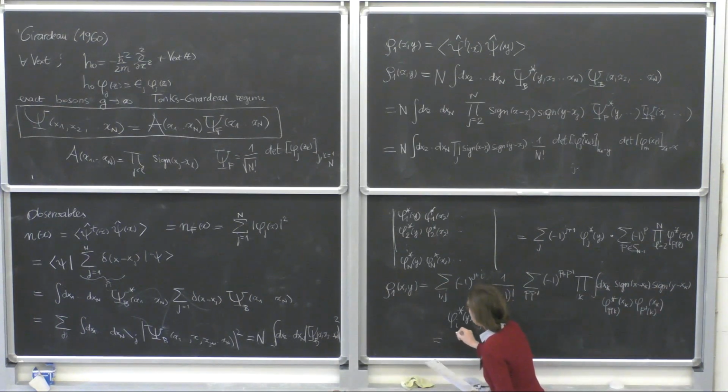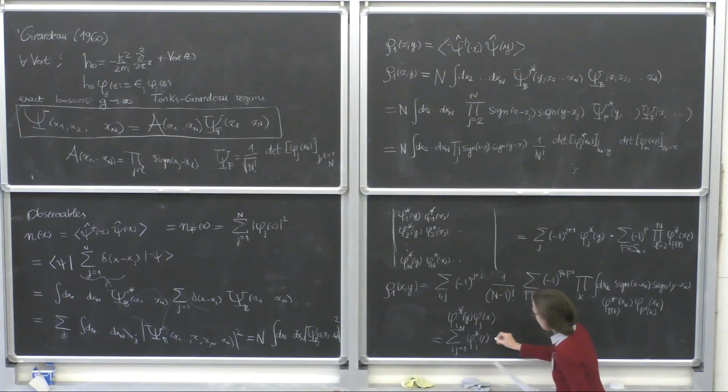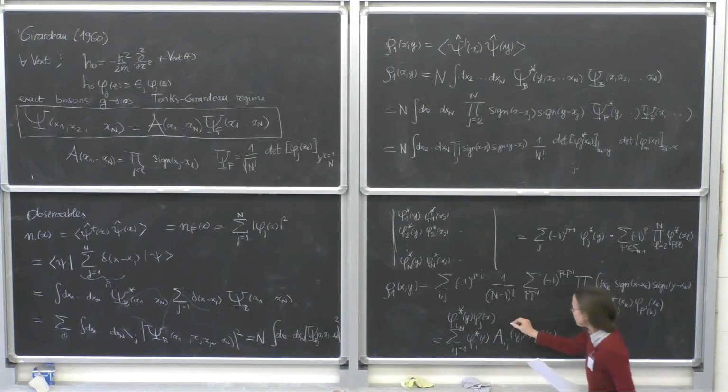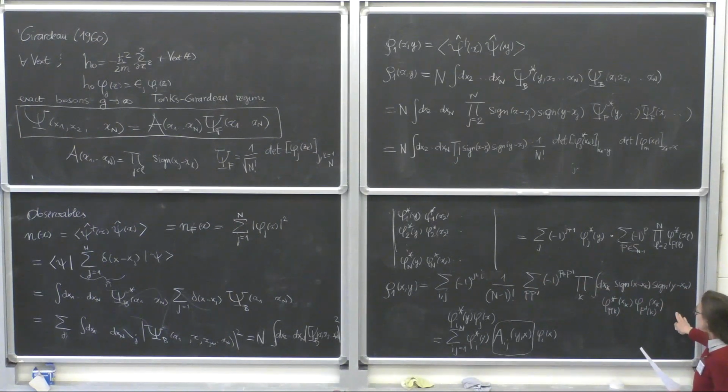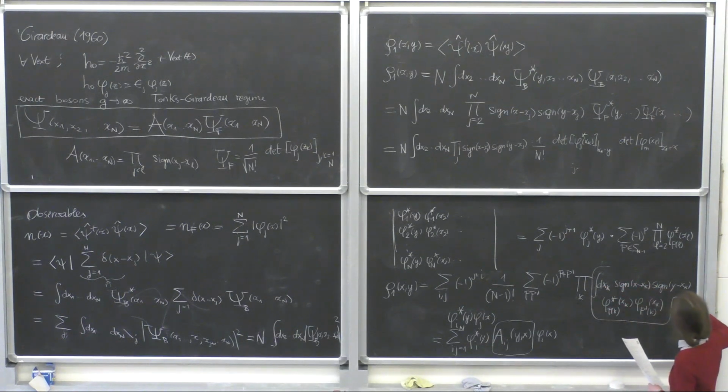The final expression is like that: sum over i and j going 1 to n, phi star i of y, a function aij, a matrix of functions, aij of y,x times phi i of x. And this matrix here of indices i and j is written in terms of these single particle integrals.